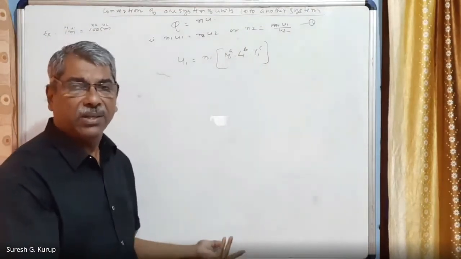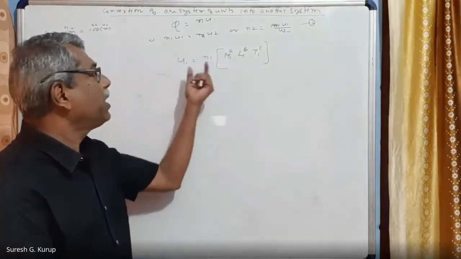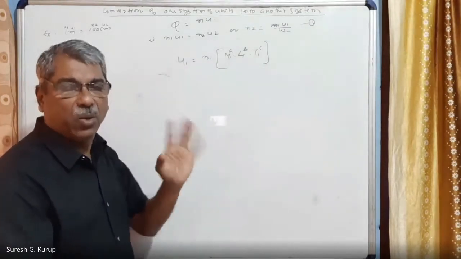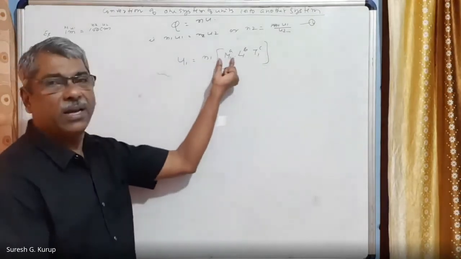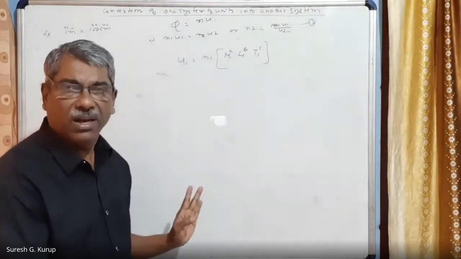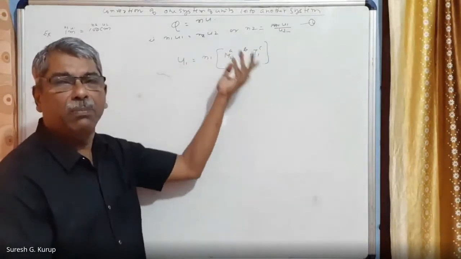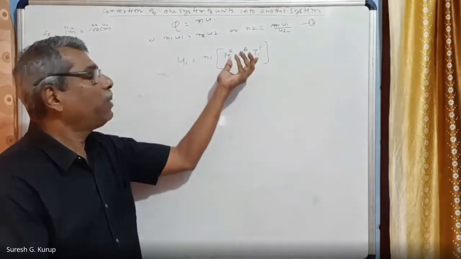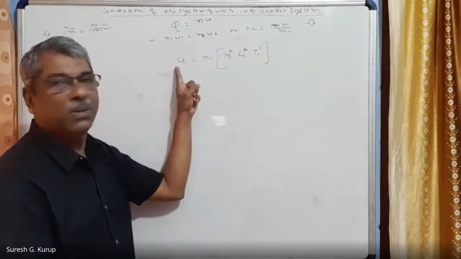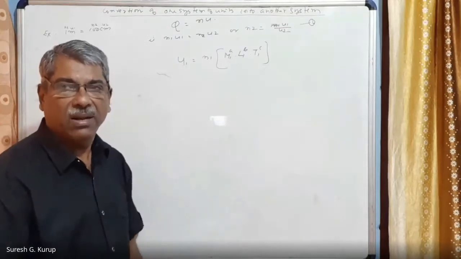That can be the SI system or the CGS system, right? If it is the SI system, then M1 is kg, L1 is meter and T1 is second. By applying powers to the fundamentals, we can represent the unit of a physical quantity. This is called dimension.